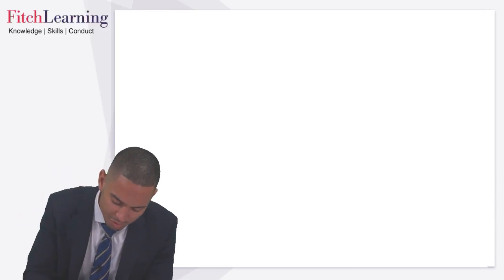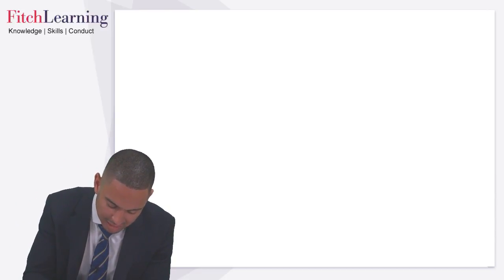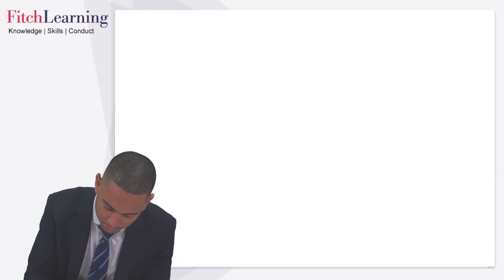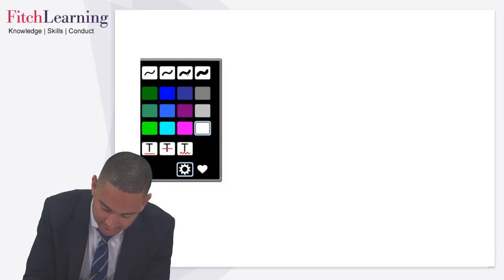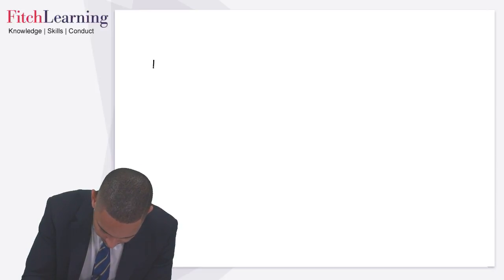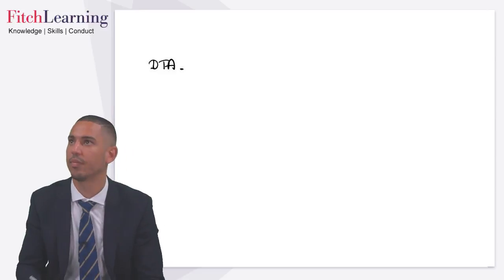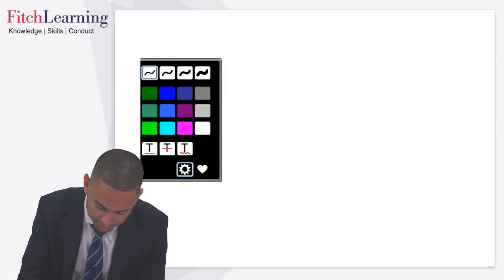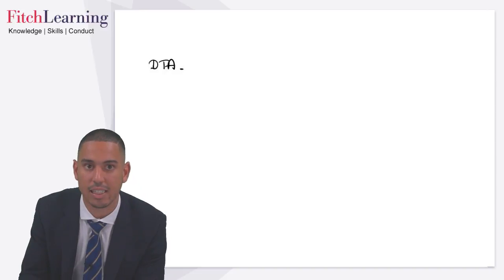We'll write it out for deferred tax assets at the top, and then at the bottom we'll do it for deferred tax liabilities. Cool. Let's write this out for every single question exactly the same.